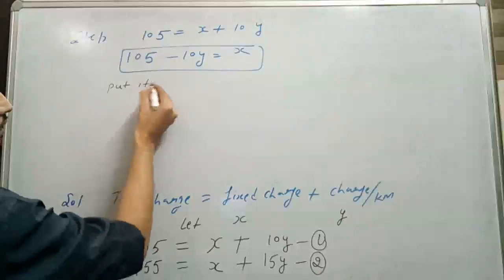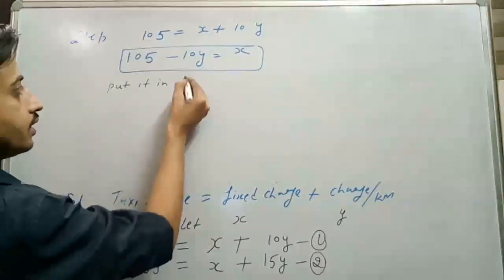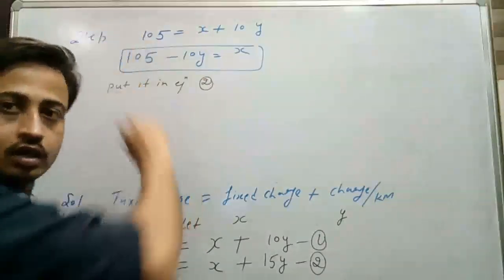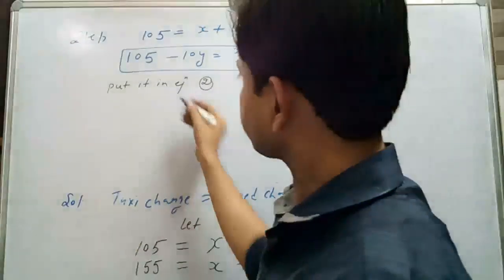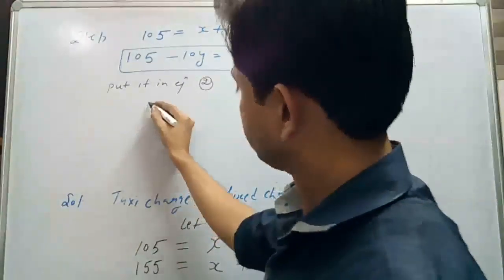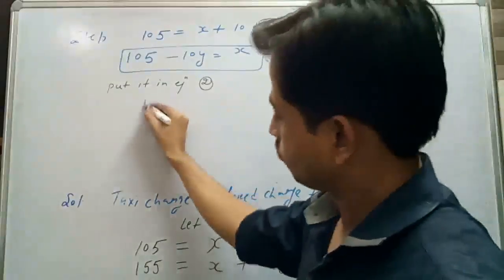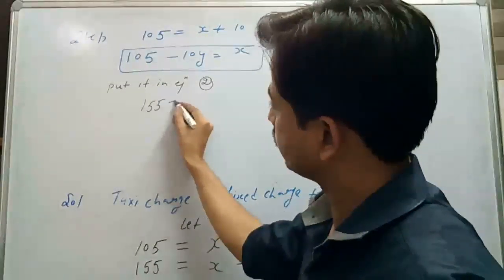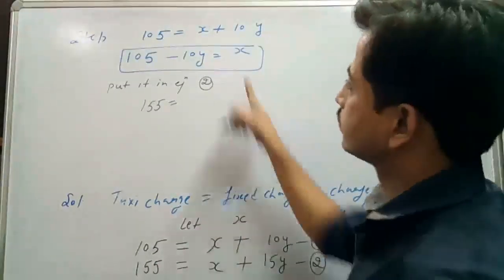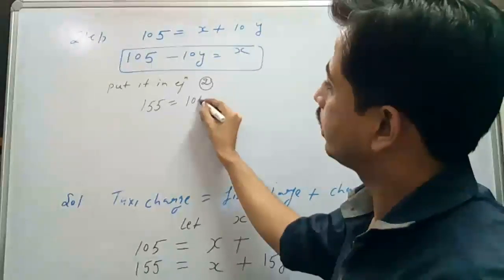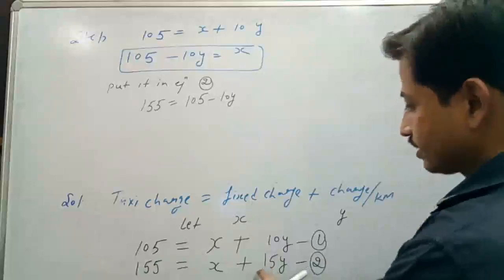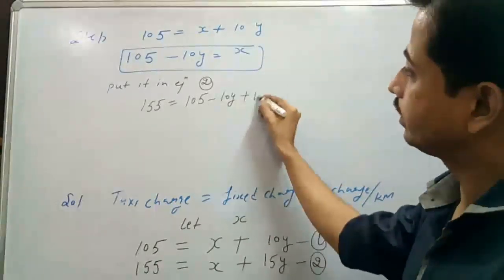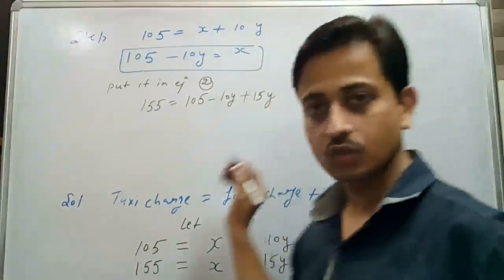Put it in equation 2. The second equation is 155 equals x plus 15y. The value of x is 105 minus 10y, so 155 equals 105 minus 10y plus 15y. It's very easy to solve.